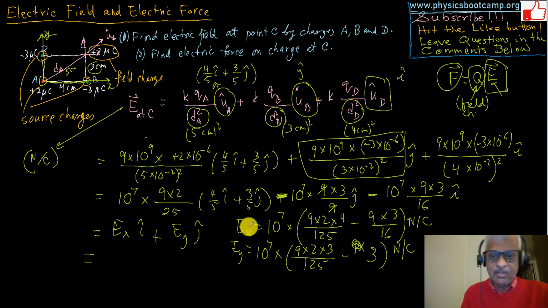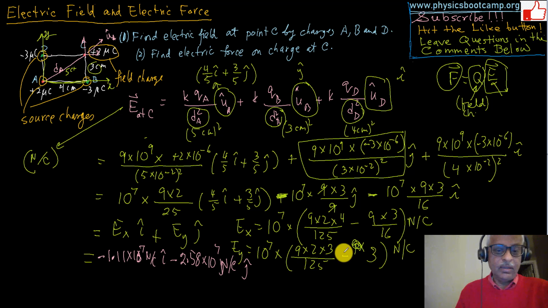Working this out, let me get the numerical value and I'll be back. Okay, so I simplified this by calculating, and I got this for EX and that for EY, and write this answer. Maybe that's a good enough answer for some purposes, but we can convert this, just like any vector, into a magnitude and a direction, so let's try to do that.